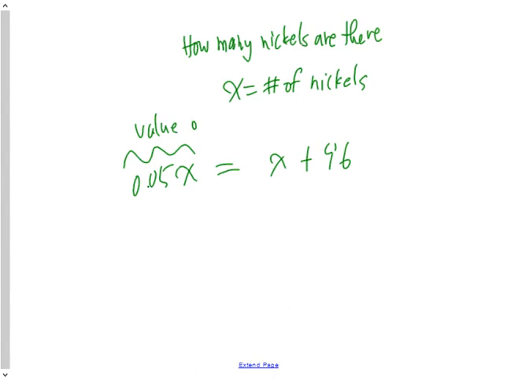And since that's the number of nickels there are, right? There's 96 more pennies, so x is the number of nickels, and it's going to be x plus 96 over there. Oh, there's only 76 more pennies. Oh, well then that's not right. It should be 76 here.